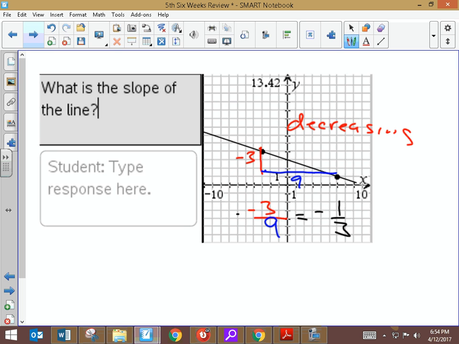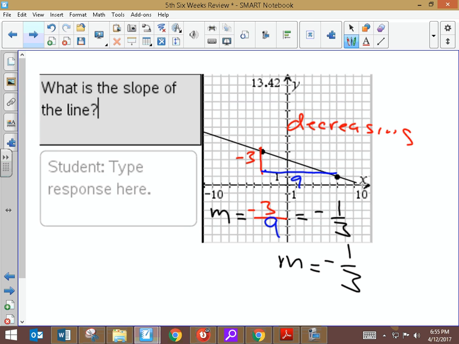And so this is my slope. So my slope is 1/3. And so the slope of this line is 1/3. Okay. And which makes sense because this is a decreasing line. It should have a negative slope.